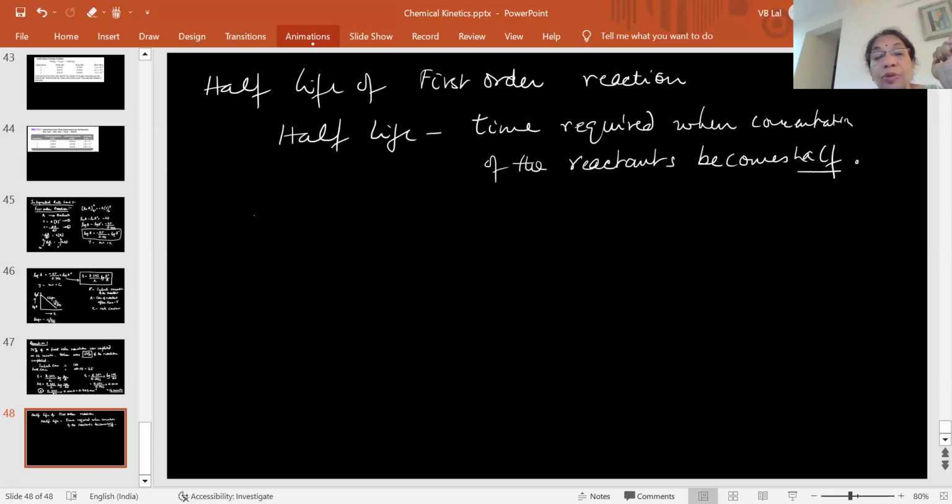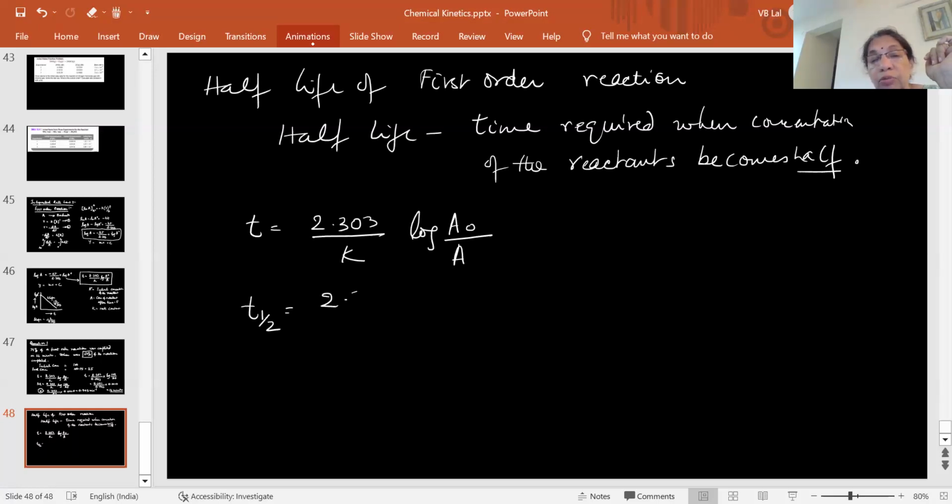So what is my equation? t is equal to 2.303 by K log of A0 by A. So to find half-life, t half is equal to 2.303 by K log of A0, the initial concentration, when the final concentration becomes half of the initial concentration, so it becomes A0 by 2.